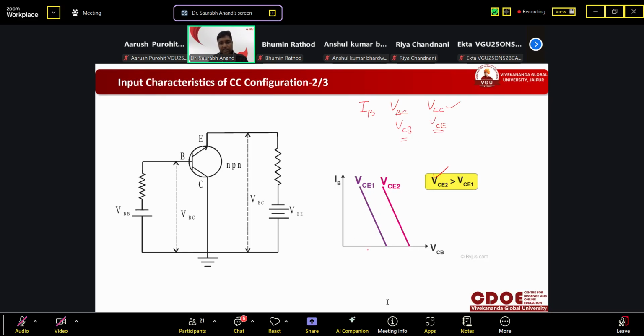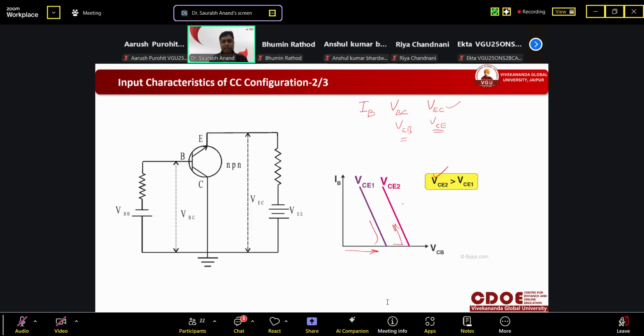So what is there? We are increasing the voltage, but the current was zero. After that, it was increasing, right?